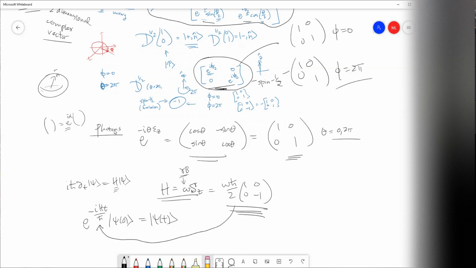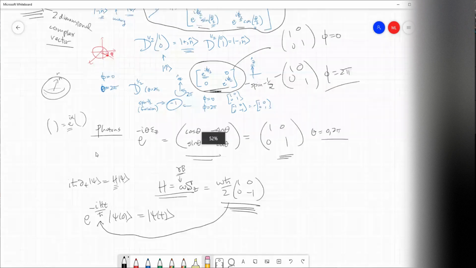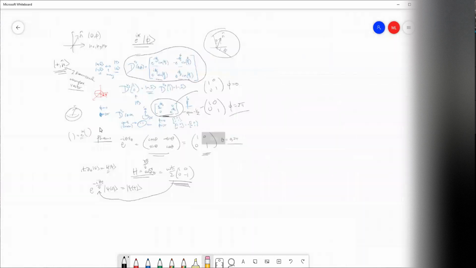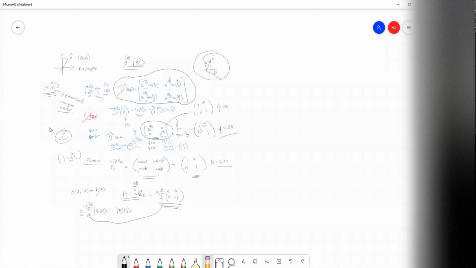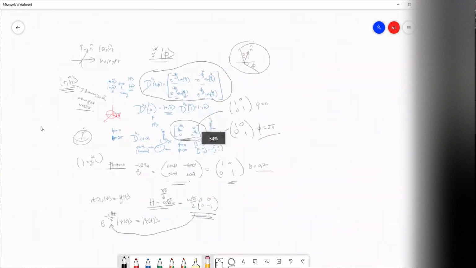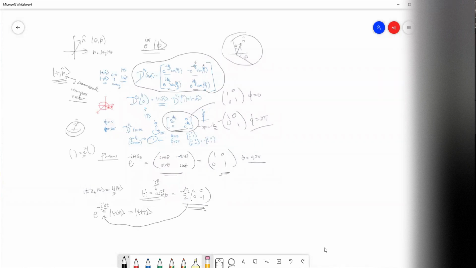I don't think it's particularly important. The important thing is just recognizing that this two-dimensional Hilbert space is the thing that describes the state of a spin 1/2 particle. Everything else is just applying what we already know about Hilbert spaces.